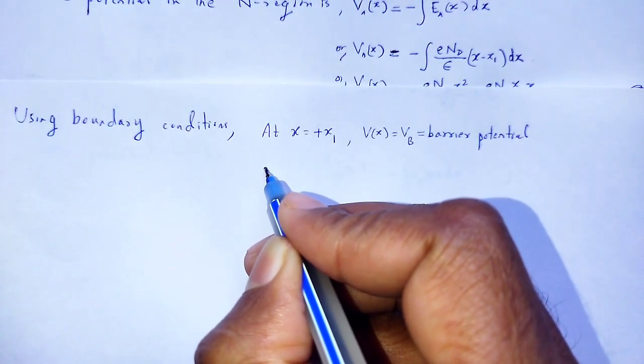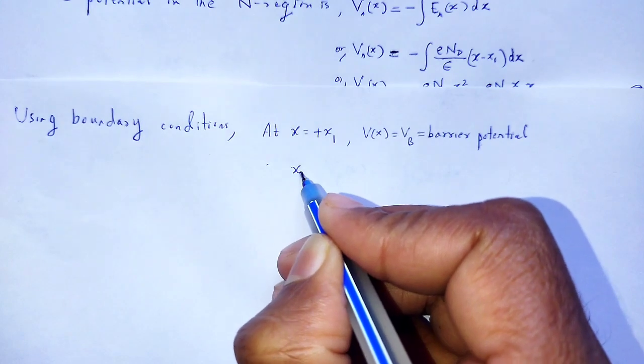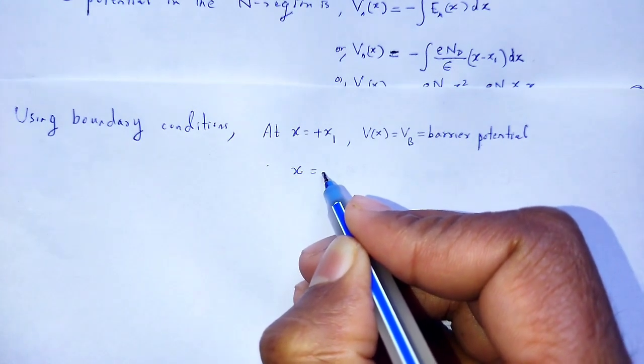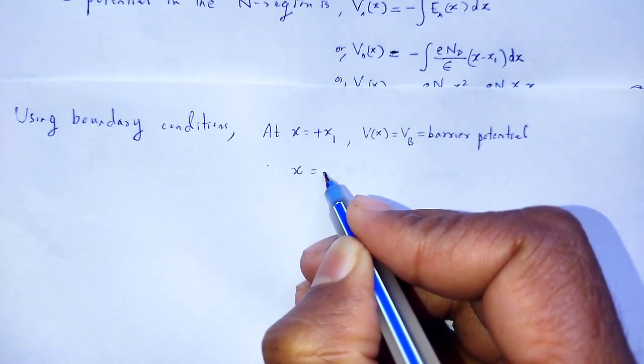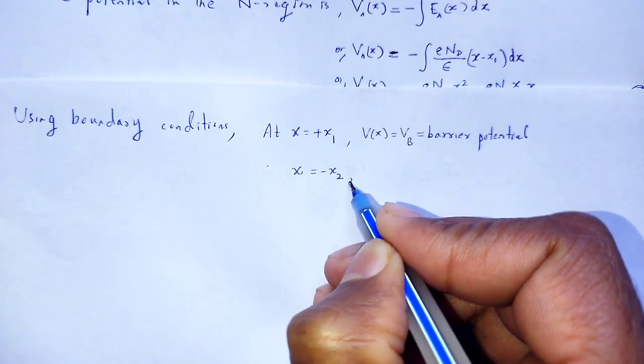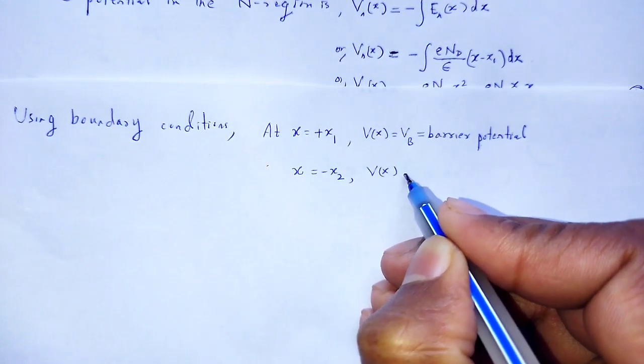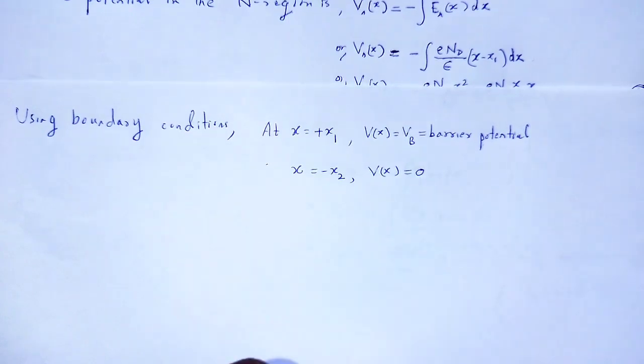And at x is equal to minus x2, that potential is 0.